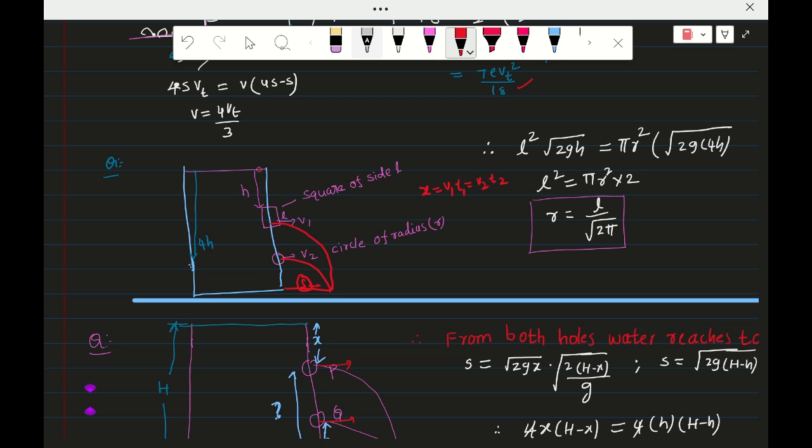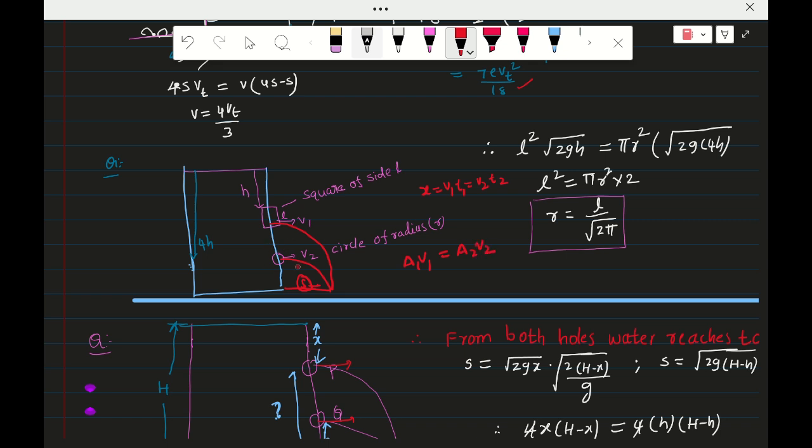So the square hole is H distance from the free surface, H depth, and the circular hole is at 4H depth. The total height is equal to capital H, consider. Then according to the equation of continuity, A1 V1 equal to A2 V2.